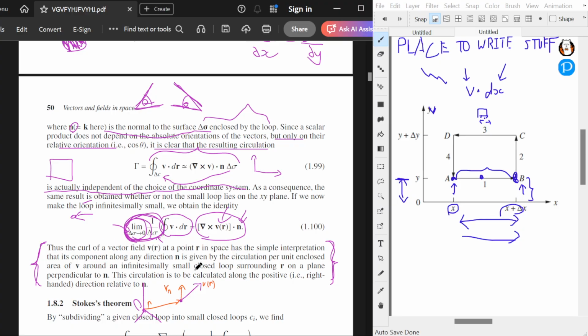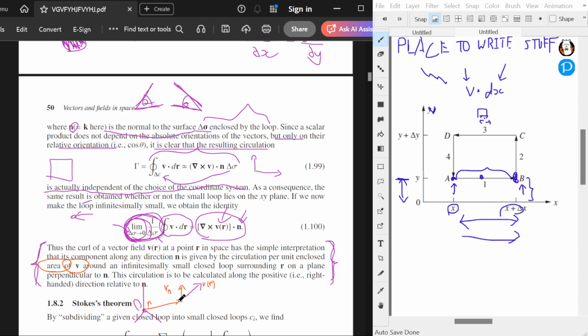The curl of this is just saying that the component along here is given by the circulation per unit area around a really small loop surrounding this point on a plane perpendicular to n.